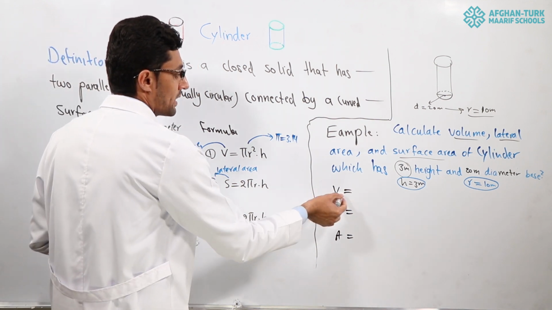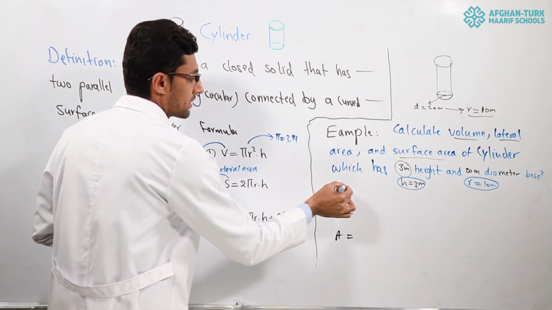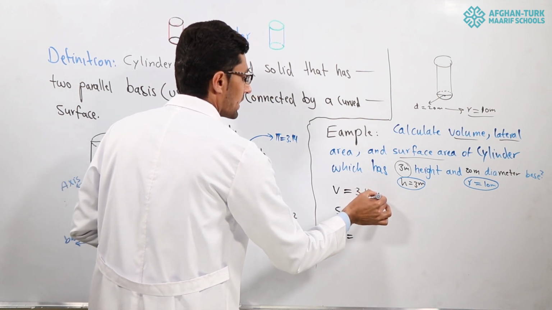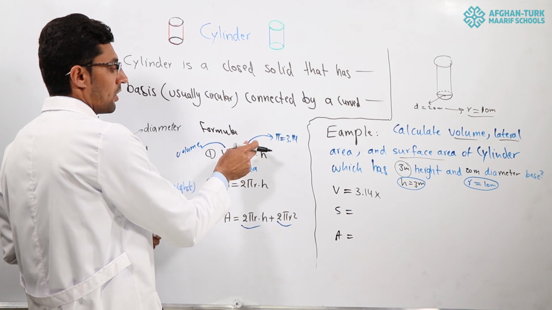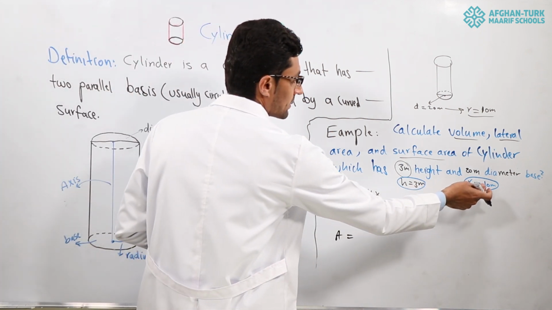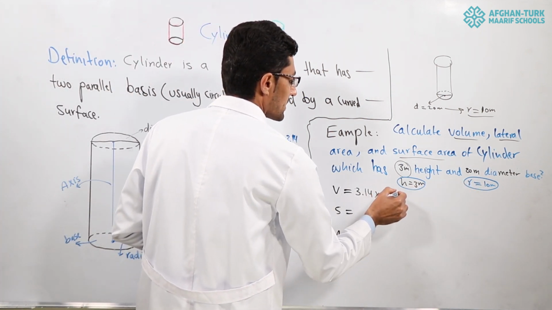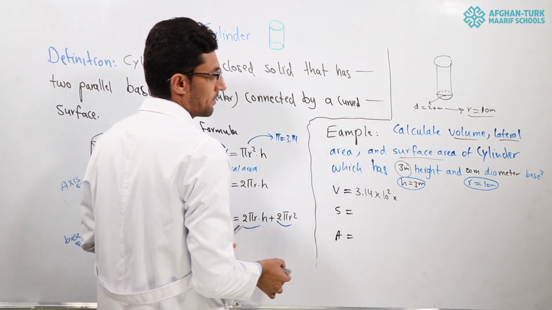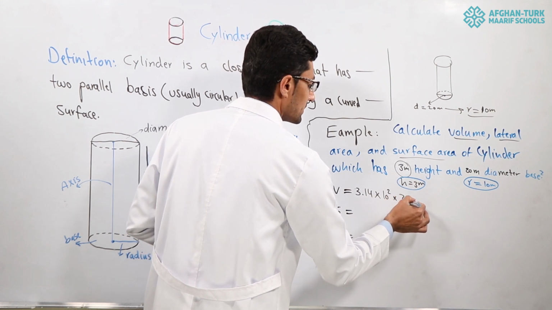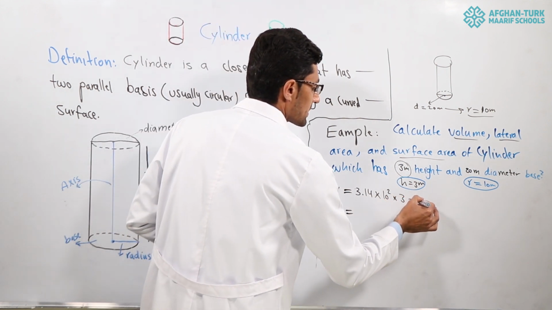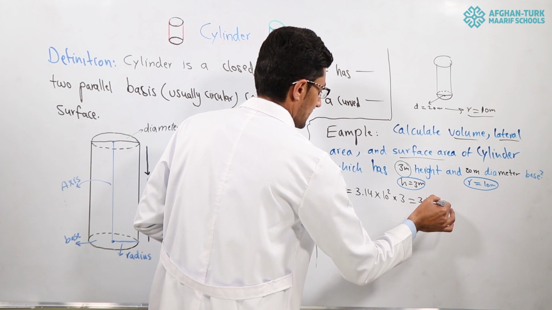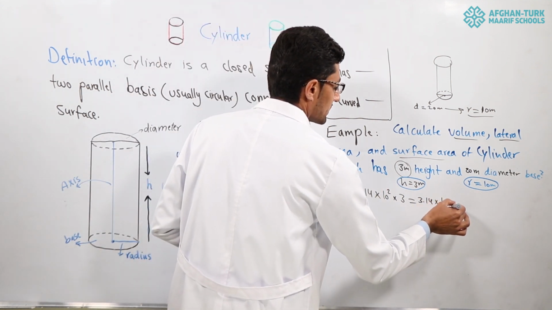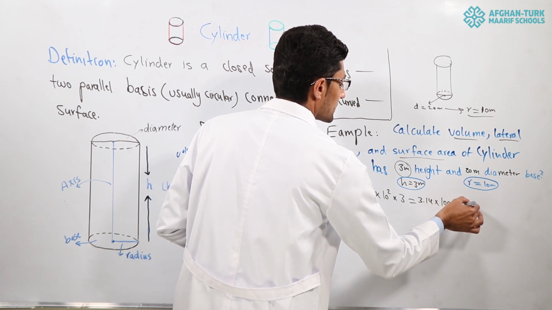Now, V is equal to 3.14 multiplied by r square, and r is 10, multiplied by h, which is 3 meters. 10 to the power of 2 is 100, multiplied by 3.